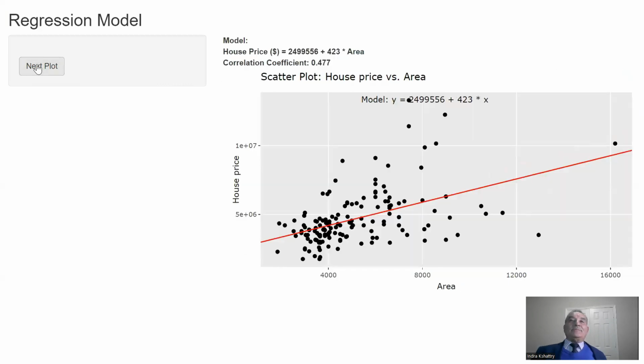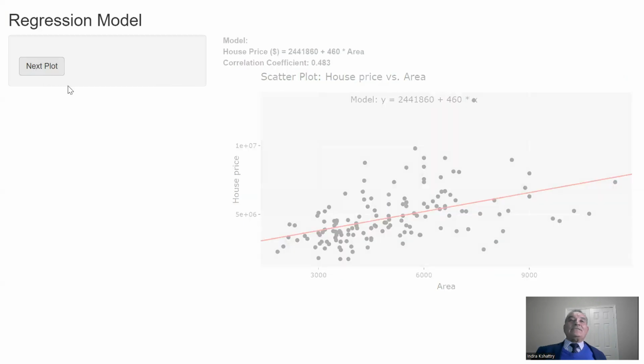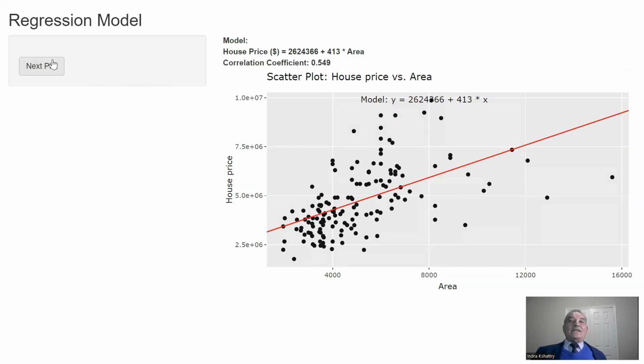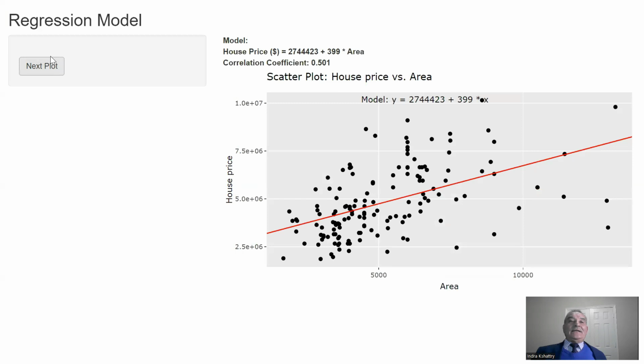In order to make the process interactive, each time we draw a sample of 150 records out of 545, display the scatter plot, compute the corresponding correlation, and find the new model for the sample data. Each time we click the Next Plot button, it displays a new sample with the changed value of the correlation and the model.